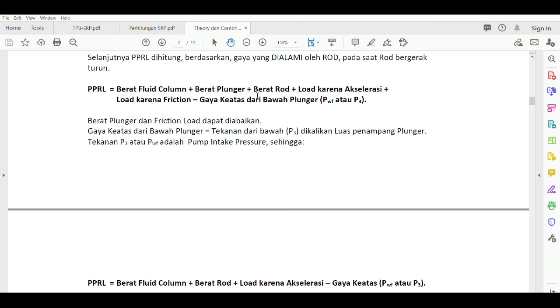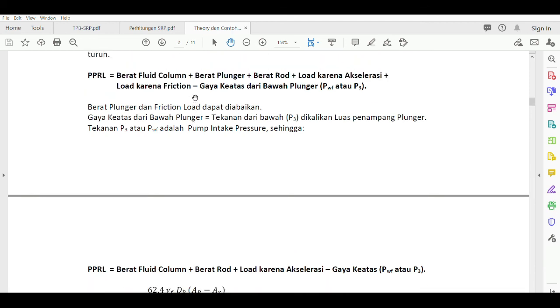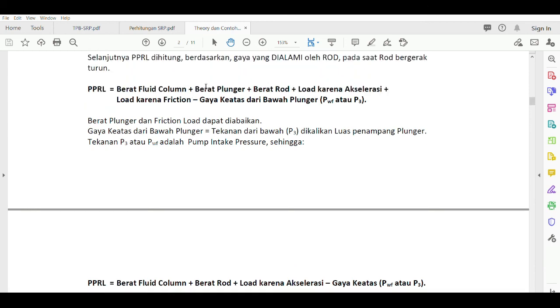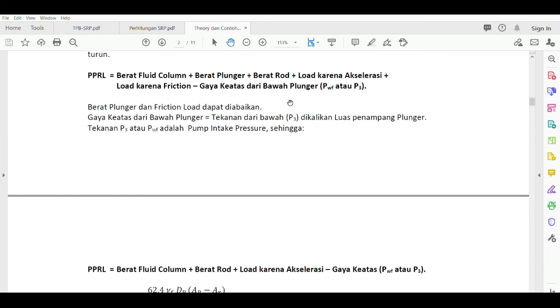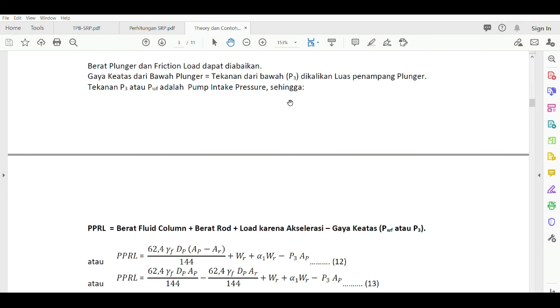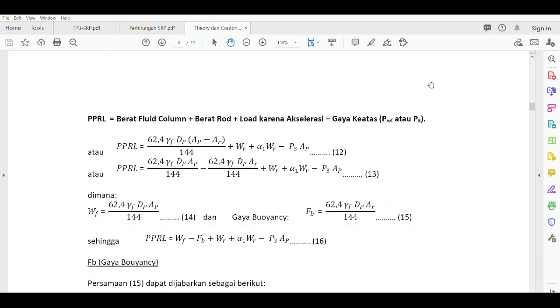We ignore the friction and the plunger weight, and we end up with the acceleration terms and this force from bottom to the top. Okay, up to here. We will continue later on.